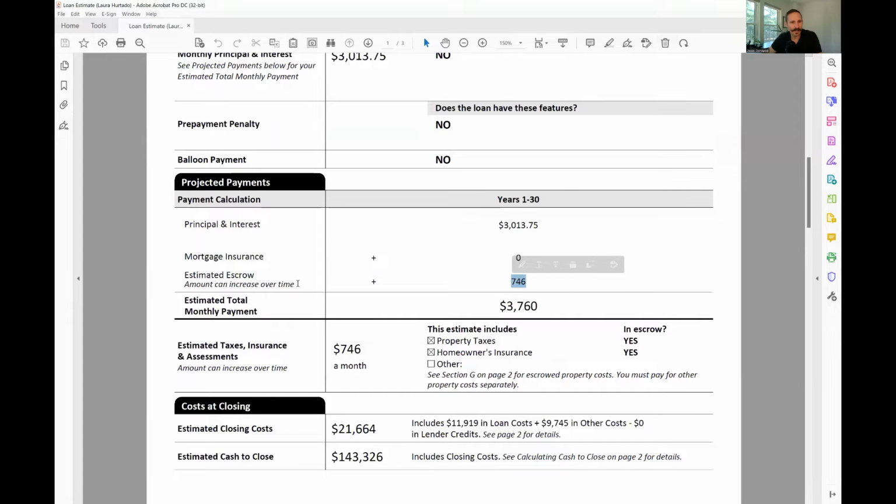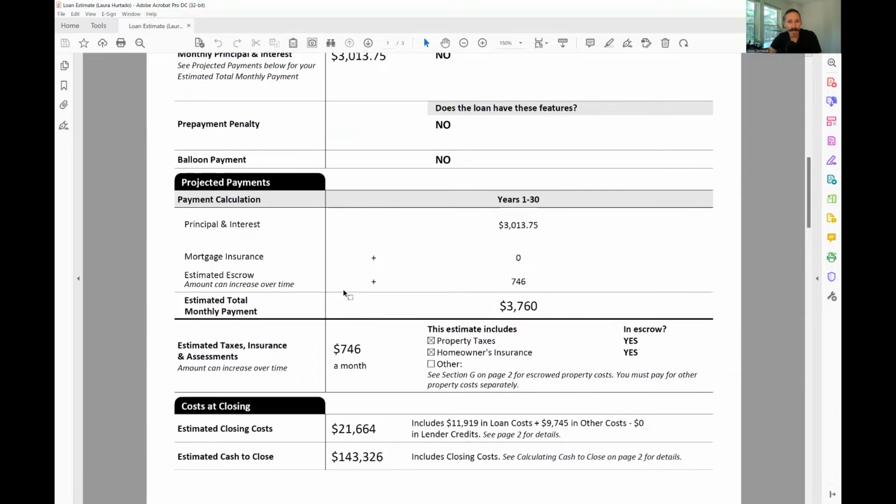So this is an interesting thing. It says this amount can increase over time. And people say, hey, if I'm in a 30-year fixed rate mortgage, why is my payment going to increase over time, or why can it increase over time? Well, the answer to that is pretty simple.